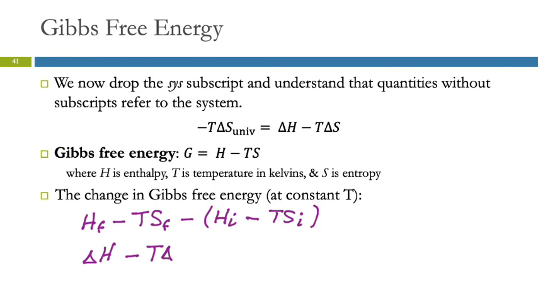Minus T delta S. So the change in Gibbs free energy is the change in the enthalpy minus the temperature times the change in the entropy.